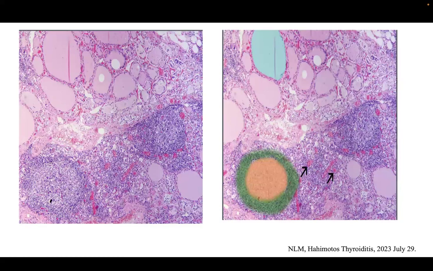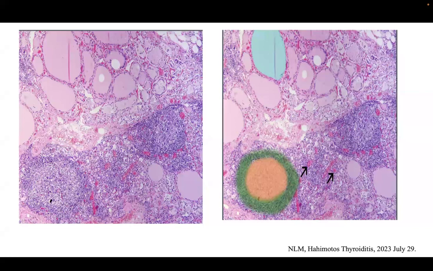So this is the diagram which is showing the features of thyroiditis. Basically, here the lower half of the tissue is appearing inflamed. There is a lymphocytic infiltration which is seen.